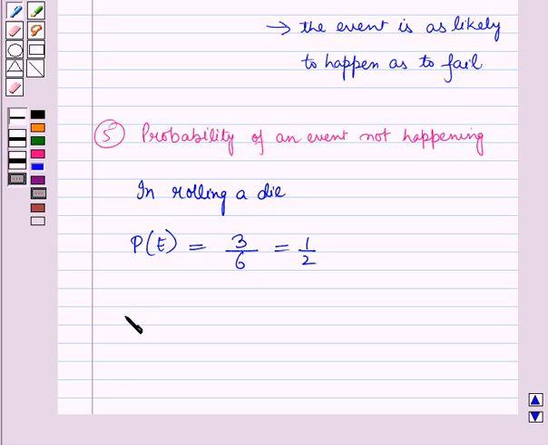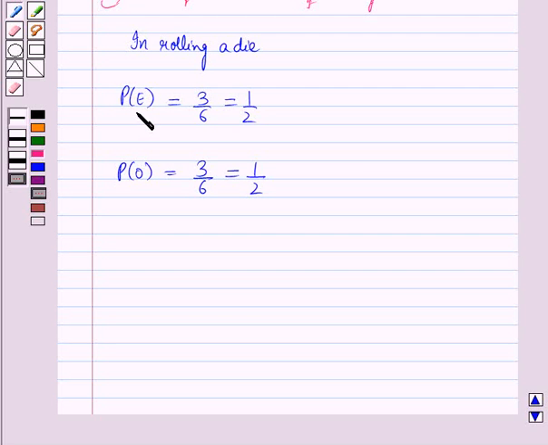And also the probability of getting an odd number, let it be P of O, is equal to 3 by 6, which is equal to 1 by 2. That is, the probability of getting an even number is 1 by 2, and the probability of getting an odd number, or the probability of not getting an even number, is also 1 by 2.